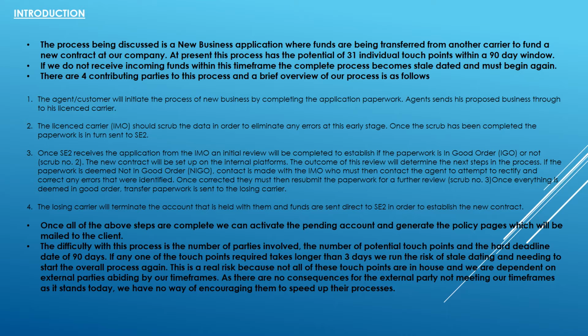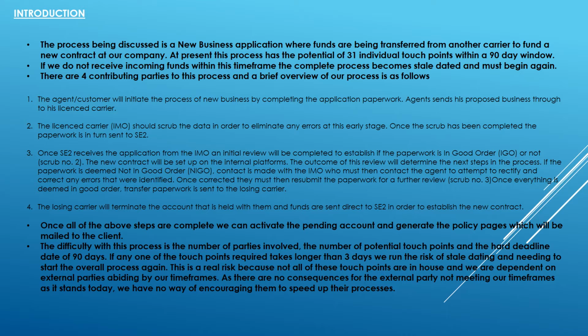When we look at this, there are four contributing parties to this process, and below are all of the following. If we look at the very first, we have the agent slash customer. They will process the new business by completing an application. The agent will send his proposed sale through to his licensed carrier.